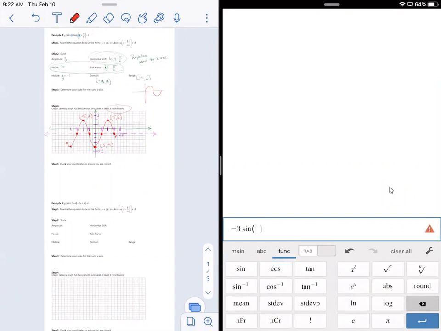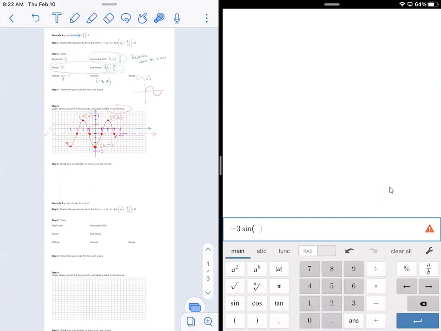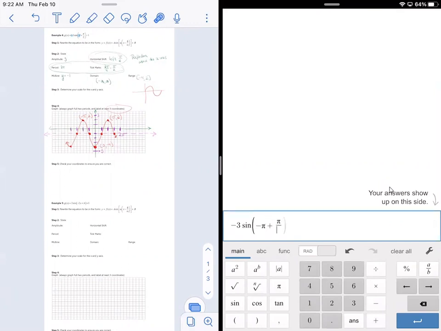So I'm going to choose a random point. It doesn't matter which one. So let's go ahead and choose -pi. I'm going to add plus pi over 2, then close that parenthesis, and then I have to minus 1.